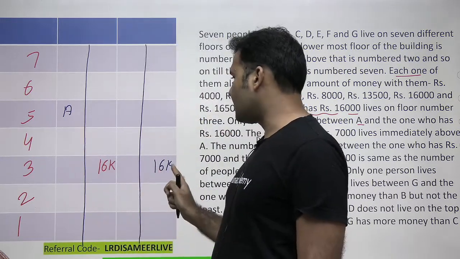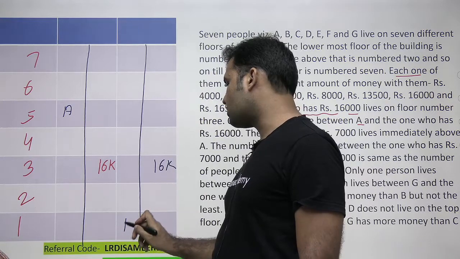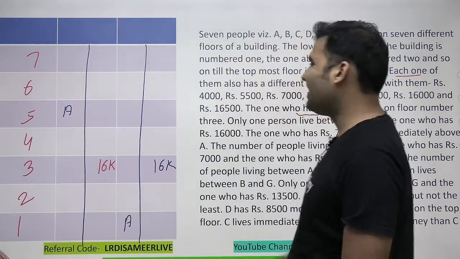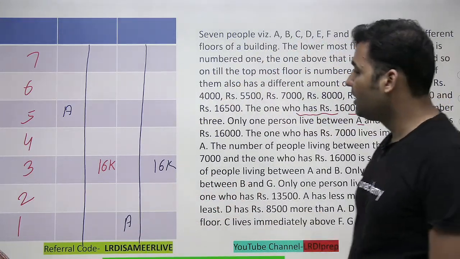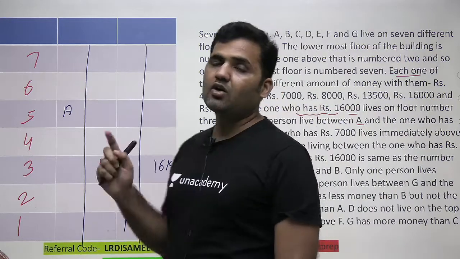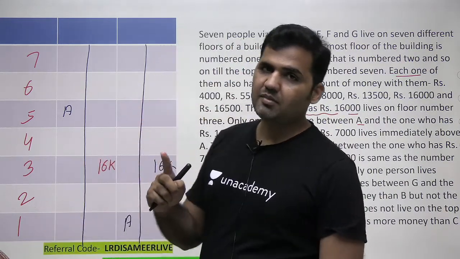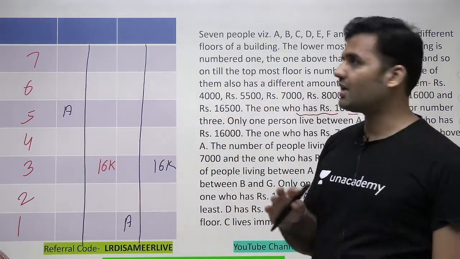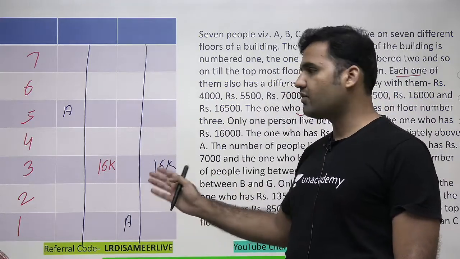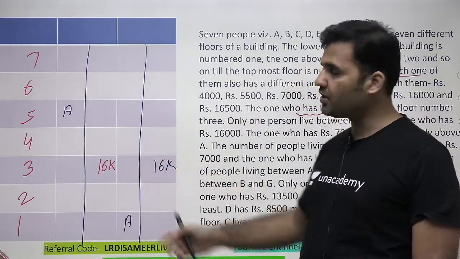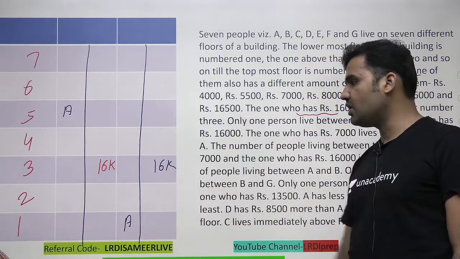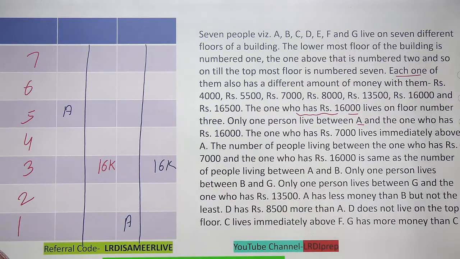In the second case, to create a gap of 1, I can also place A over here. Let's see which case will finally work. Out of these 2 cases, one case will be eliminated. Some contradiction will be created when we fill in some more information. But at this point of time, you need to make 2 cases.